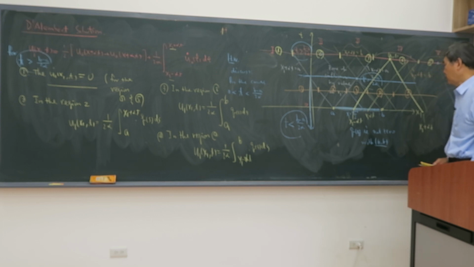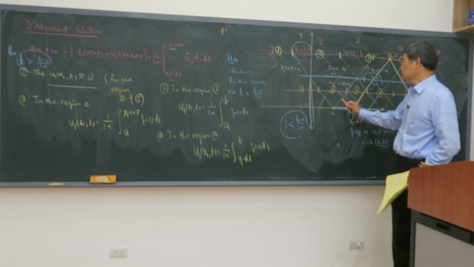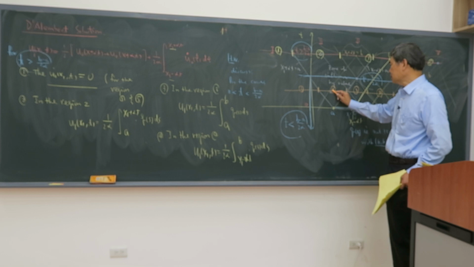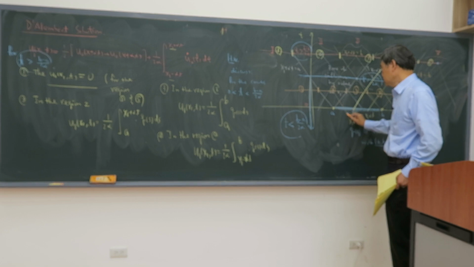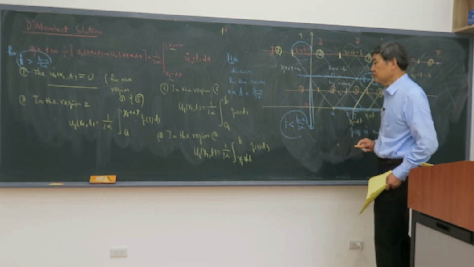But be careful. So for zone 2, it will what? Zone 2 will be from A to x1 plus alpha t.